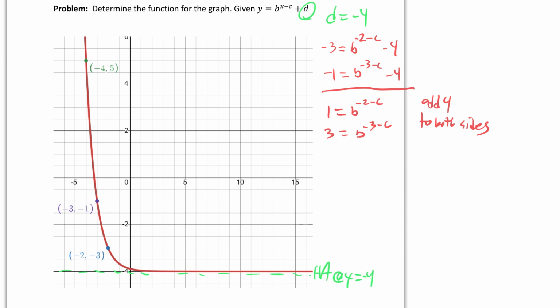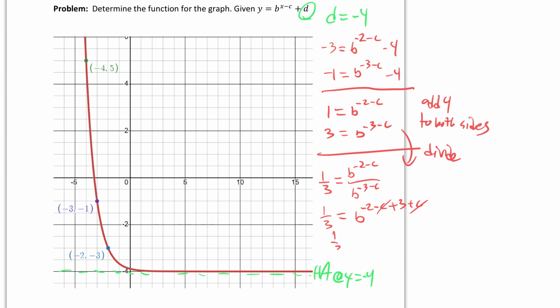So now we can divide the equations. We'll get 1 divided by 3 is 1/3, equals b to the negative 2 minus c over b to the negative 3 minus c. So 1/3 equals b to the negative 2 minus c plus 3 plus c. Those c's cancel, and you get 1/3 equals b.